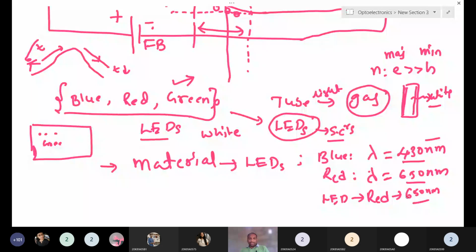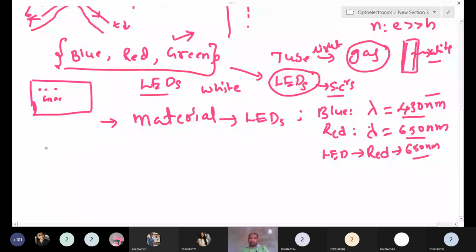If you take Eg in electron volts, the wavelength comes out in nanometers. Which material will give 650? Here we have 1240, and if you take a band gap of about 2 electron volts, you will get around 620 nanometers.